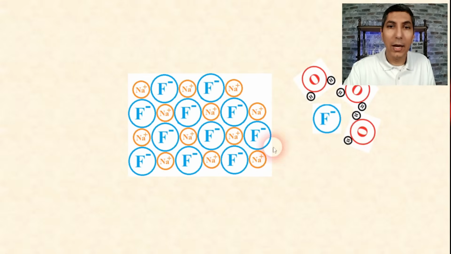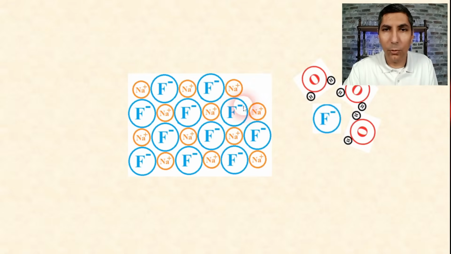And that's essentially how ionic compounds dissolve in water. If it's ionic and it's soluble, that means that this ion dipole force is essentially stronger than the ionic forces holding this thing together. We could say the same thing for the sodium over here.